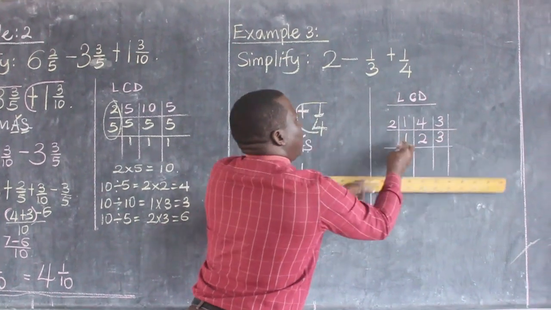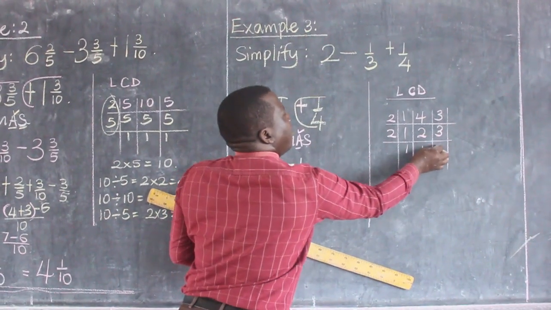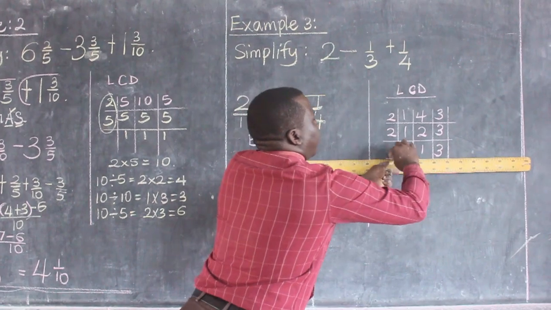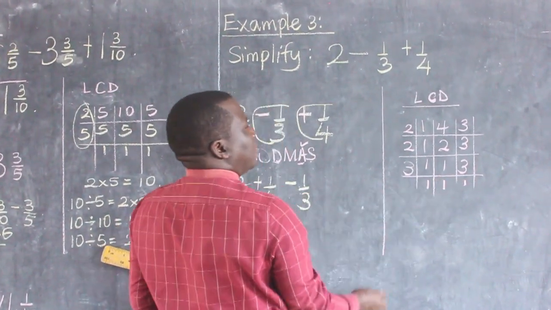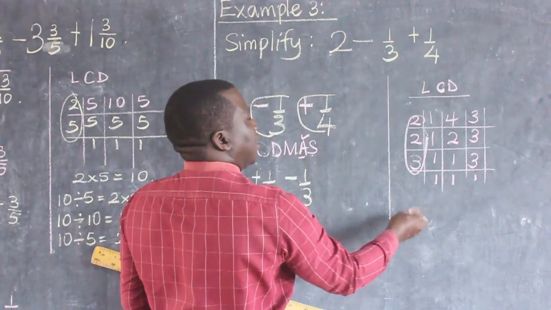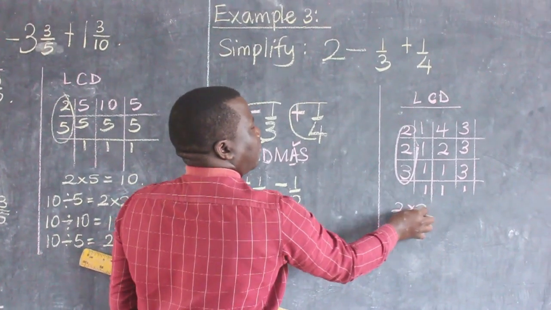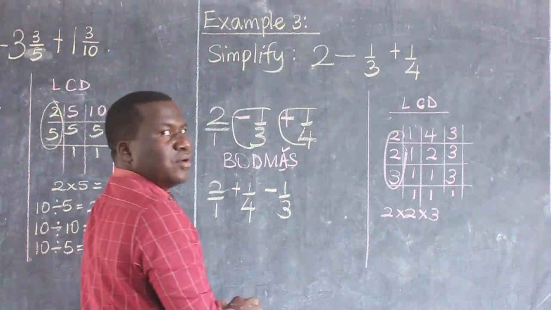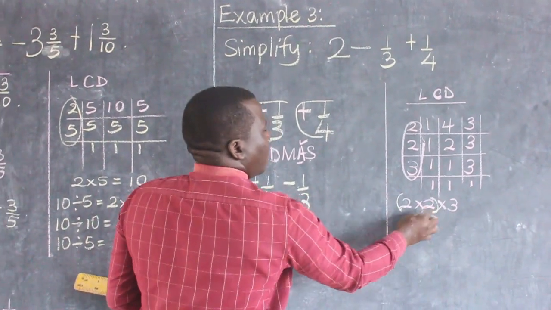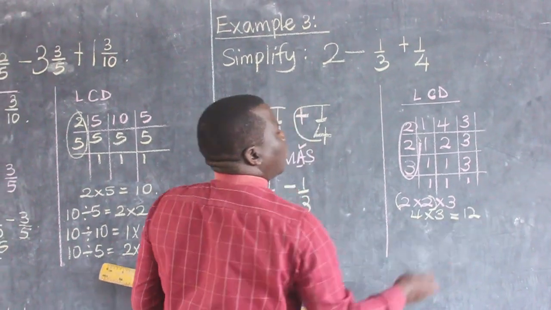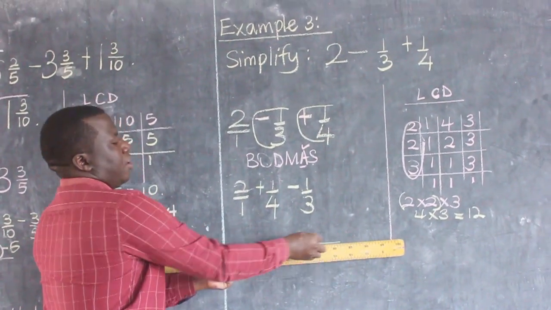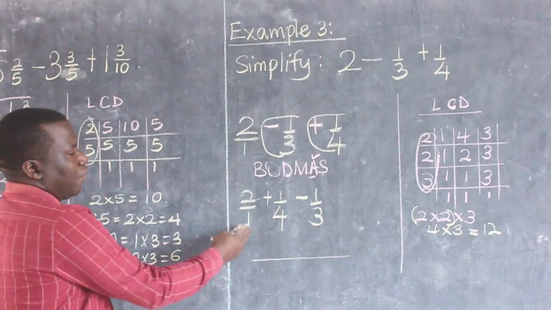Then by 2: 1, 1, 3. Then by 3: 1, 1, 1. So we multiply this. We shall have 2 times 2 times 3. So this will give us 4 times 3, which is 12. So our lowest common denominator is 12.